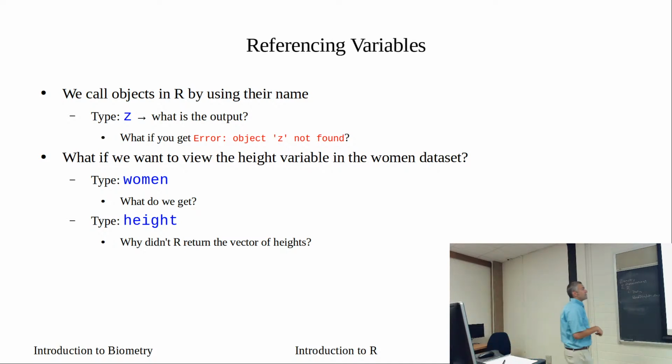The same thing's going to happen with data sets. So what I want you to do is type in women and tell me what gets output. Height and weight table. Do we get the height and weight data frame, right? All right, so height's in there.